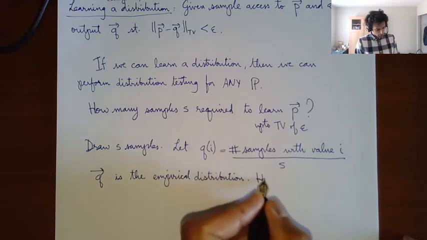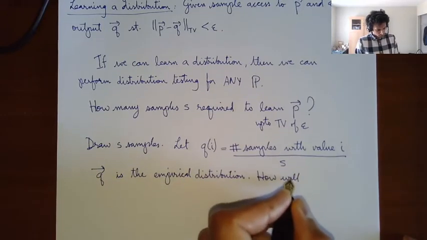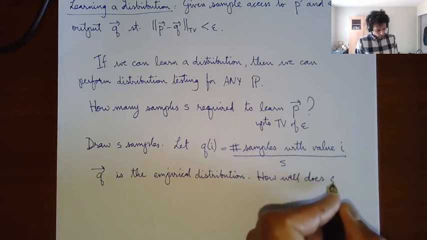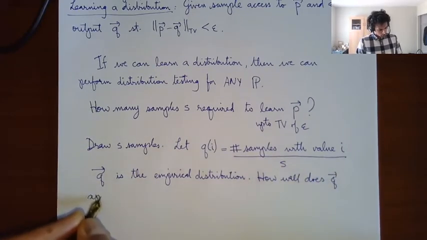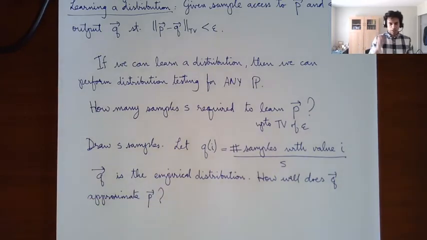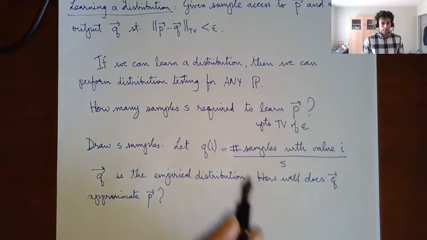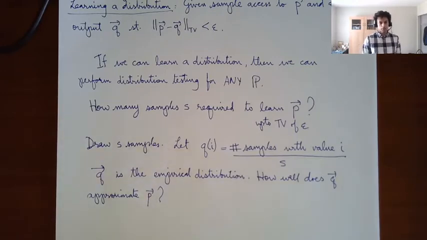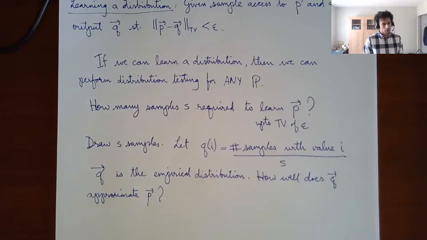And how well does Q approximate P? So, a fairly simple, well-stated fundamental question. I took S samples. I look at the empirical distribution. How well does the empirical distribution actually approximate the true distribution?